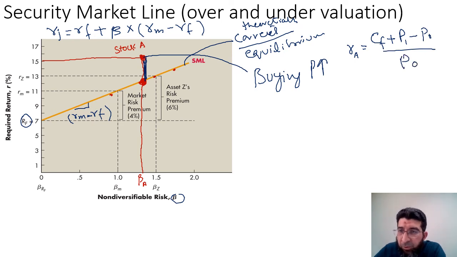And as I told you, if the price increases, it's an inverse relation, so the return will fall. So this stock will start falling back and come back to this line.